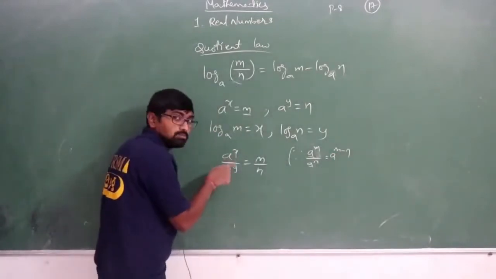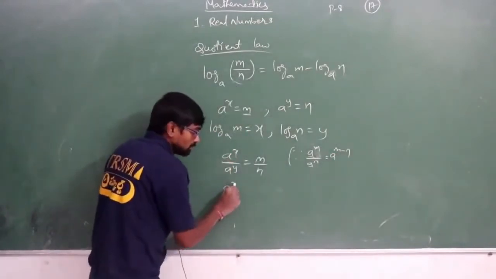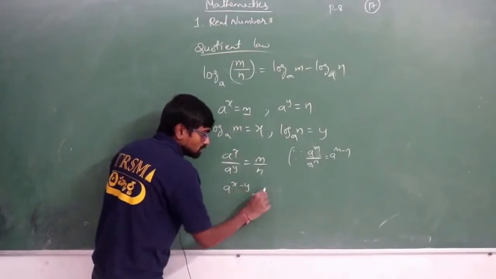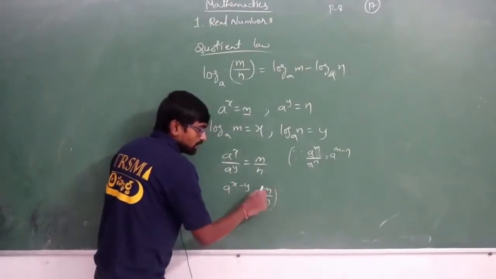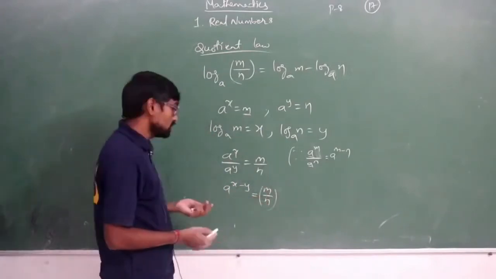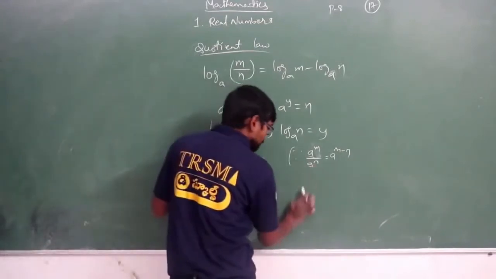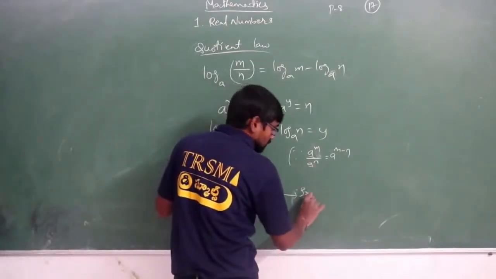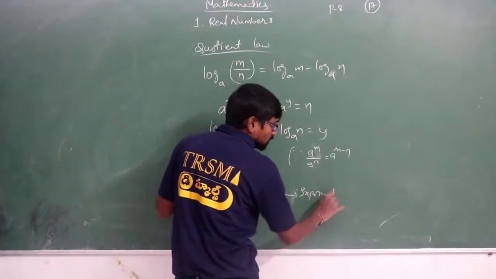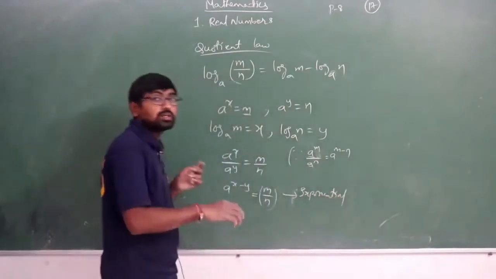So a power x minus y is equal to m divided by n. Now this is exponential form, and we need to convert this into logarithmic form.